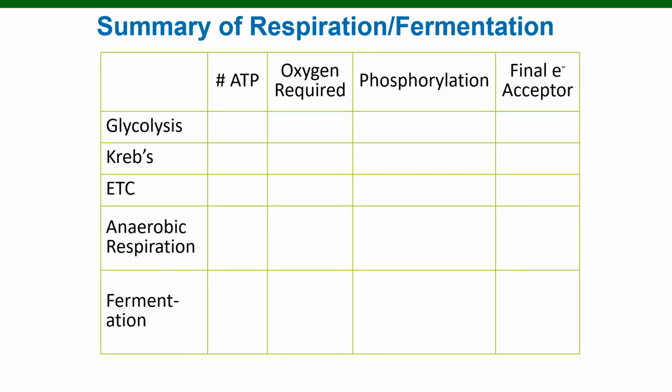As a final summary slide to end this chapter, let's fill out a table where we can keep track of respiration and fermentation as it's broken down by events. We know that glycolysis overall will yield 2 ATP net, and we know that glycolysis precedes all modes of metabolism, including aerobic respiration, anaerobic respiration, as well as fermentation. And therefore, we can say that glycolysis does not require oxygen.